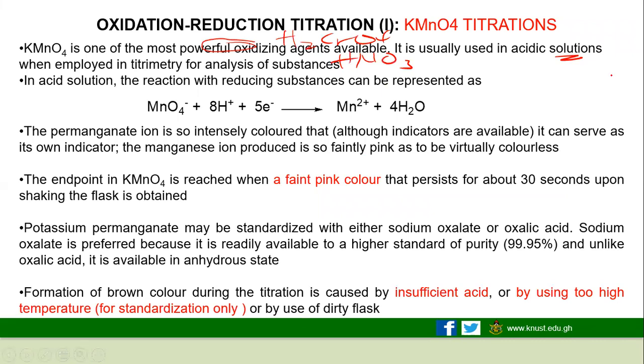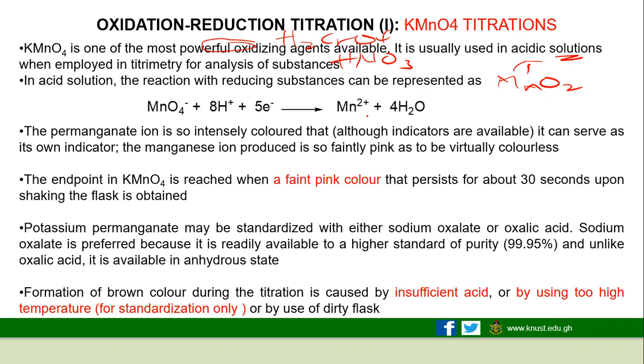Now we are seeing that we use the KMnO4 in acidic solution. We use acidic solution for many reasons. First, in acidic solution, the oxidizing power of KMnO4 is increased. Then we want to prevent the formation of MnO2, which is the brown color.